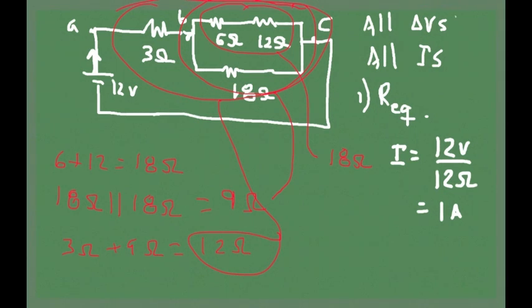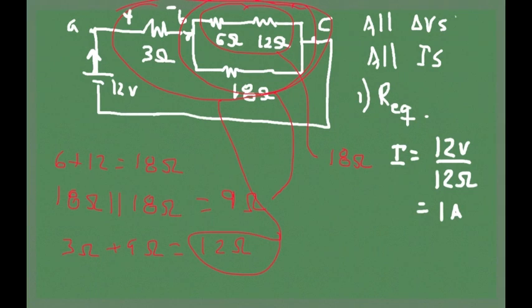So what do I know about the difference in potential across the 3 ohm resistor? It should be how many volts? Say it again. Negative 3 volts. If you move with the current, then you should be going from high to low. So I'm going to put a little plus to indicate that this is the highest potential side of the resistor, and this is the lowest potential side of the resistor.